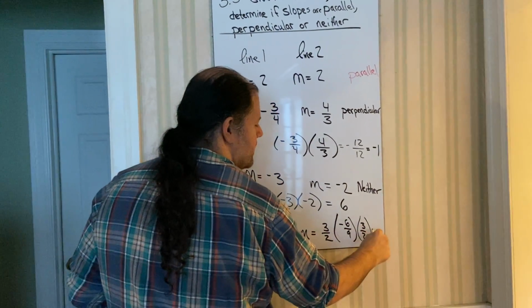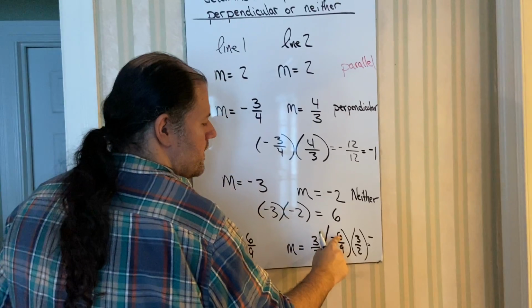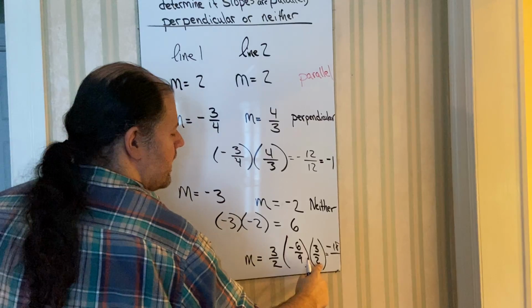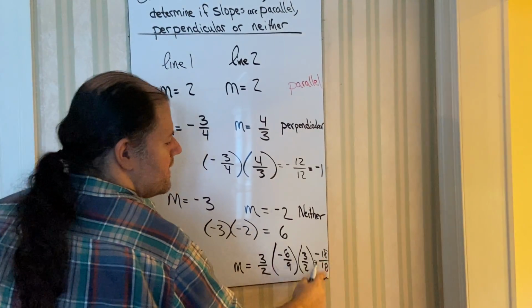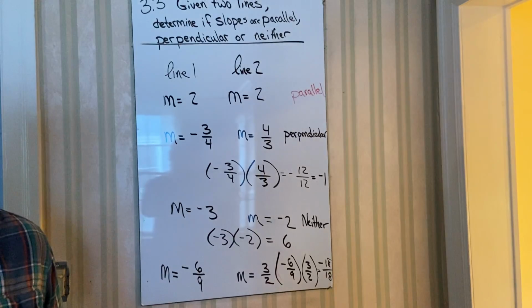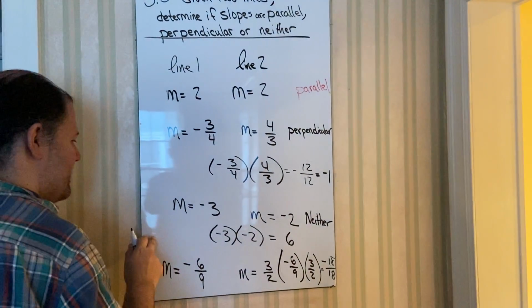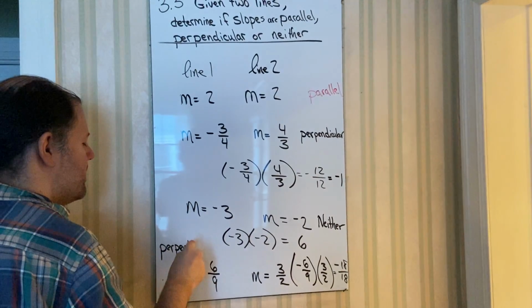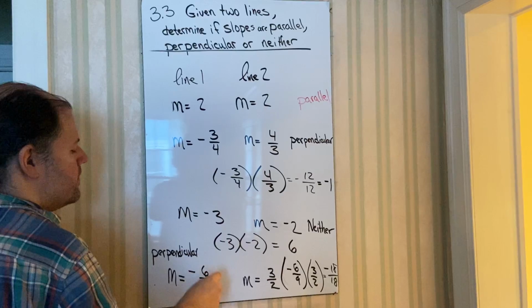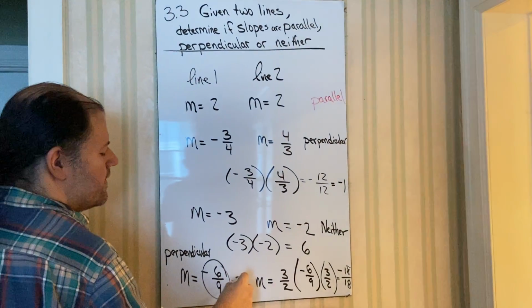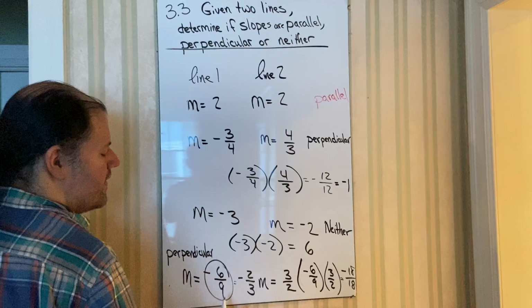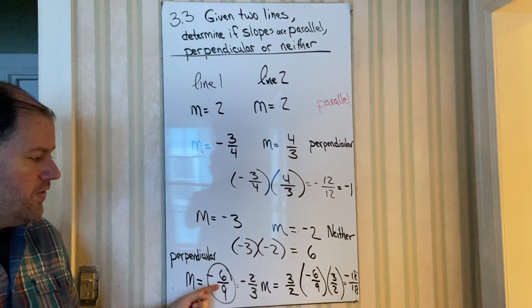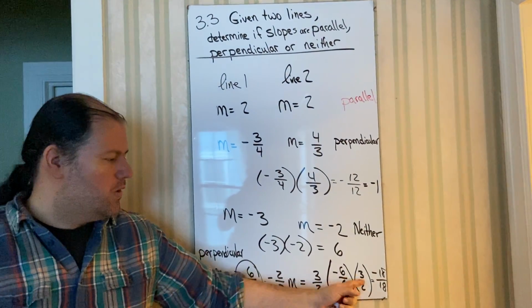Negative times positive is a negative. 6 times 3 is 18. 9 times 2 is 18. You can see -18 divided by 18 is a -1. This is technically perpendicular. You might not have seen it because you might not have seen that this could reduce down to -2/3. Now you can see that they're reciprocals. So be careful. If you don't reduce, maybe get in the habit of multiplying both slopes to see if you get -1.